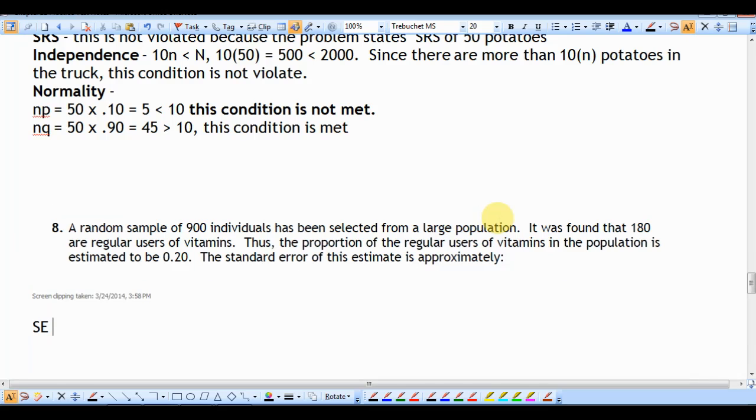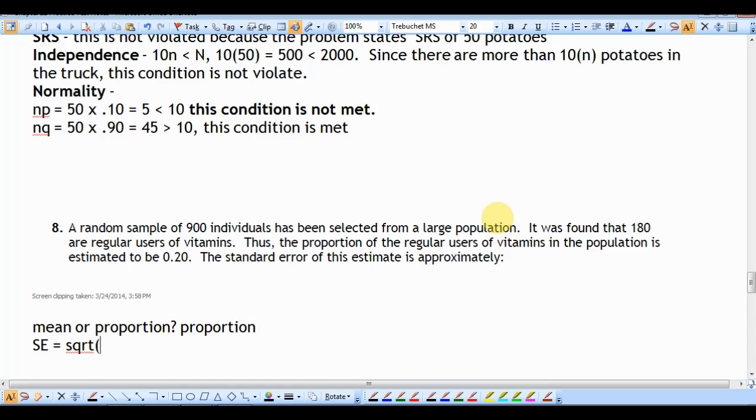First question should be, is this a mean or a proportion? Proportion. You definitely don't want to use the standard error for a mean here. That would be bad.